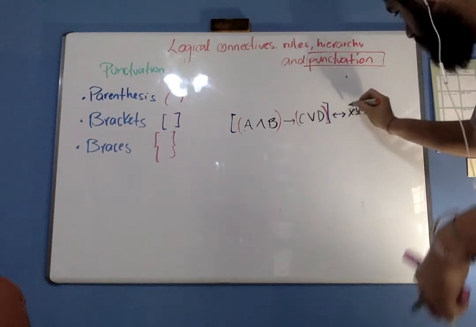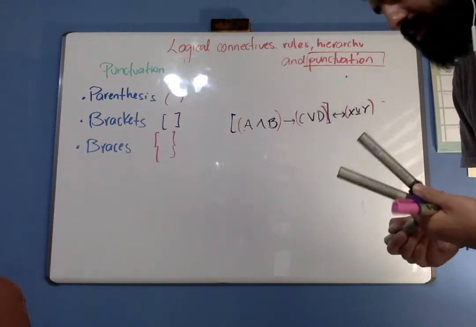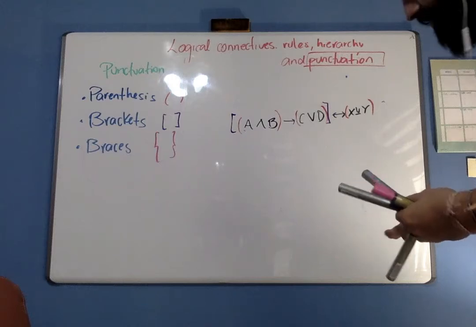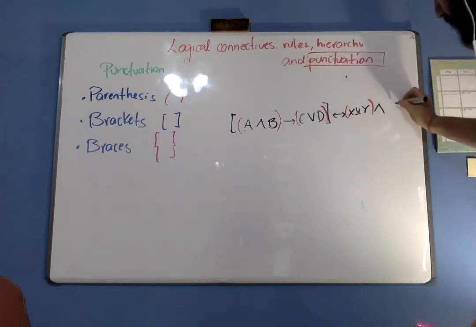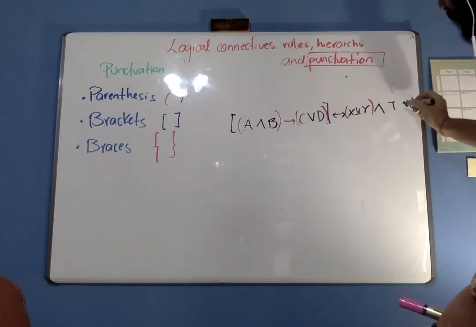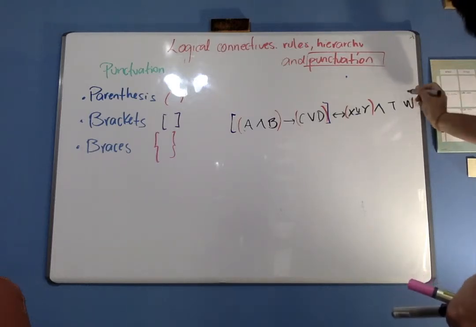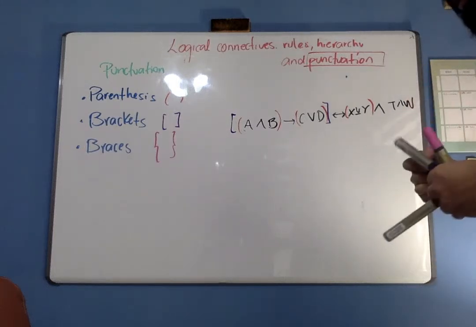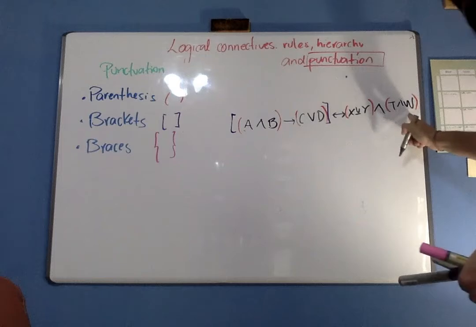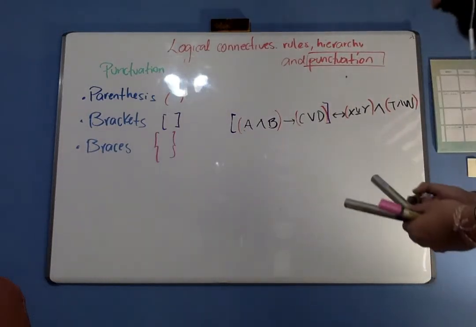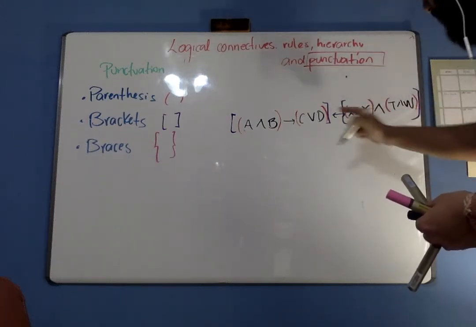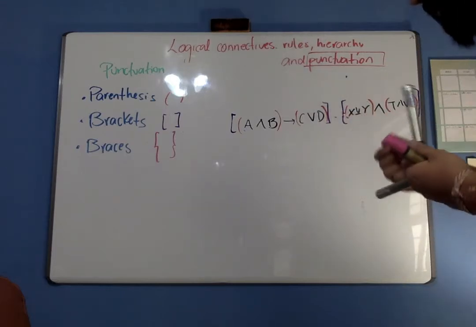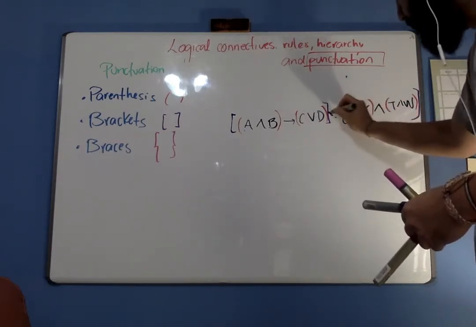We can say that this is contained within a parenthesis, and imagine that this is linked by a conjunction with T and W, and T and W are linked via conjunction. Okay, so we can group them in parentheses. Okay, and now we can group these ones into brackets, as we already did in the last one. Okay, I'm going to rewrite this because it could be kind of tricky. This is a bit conditional.